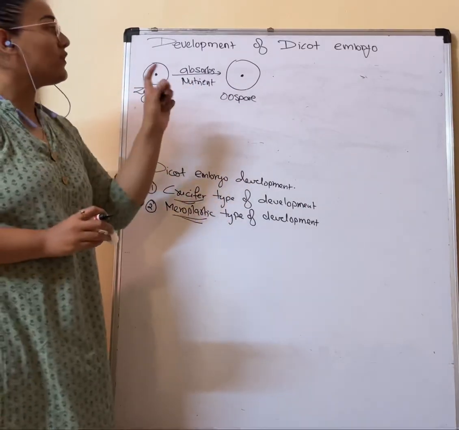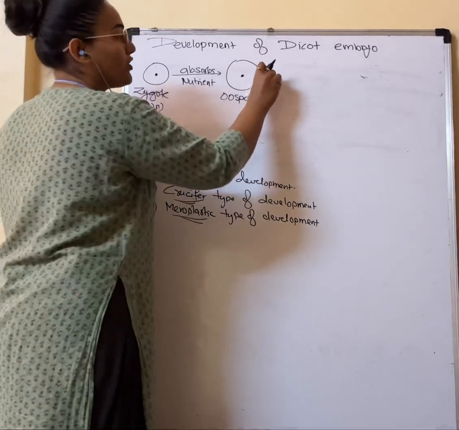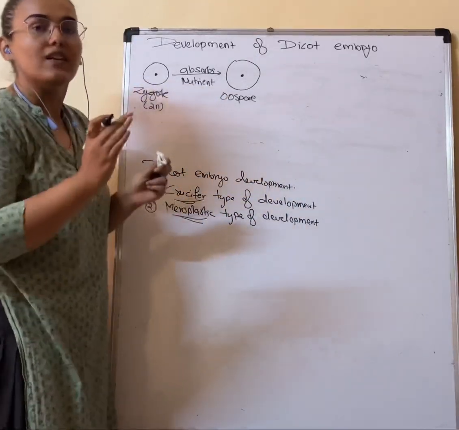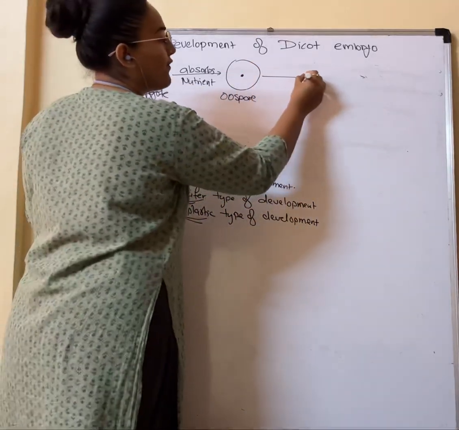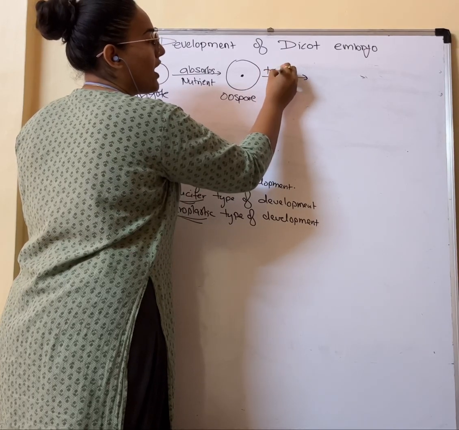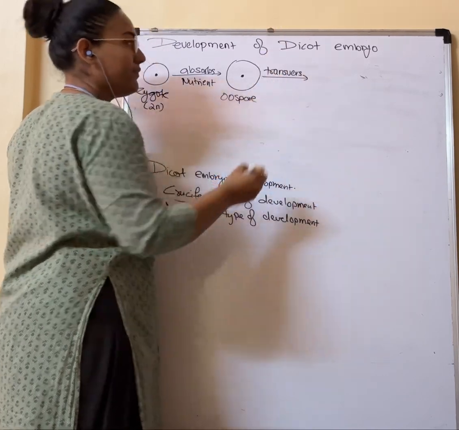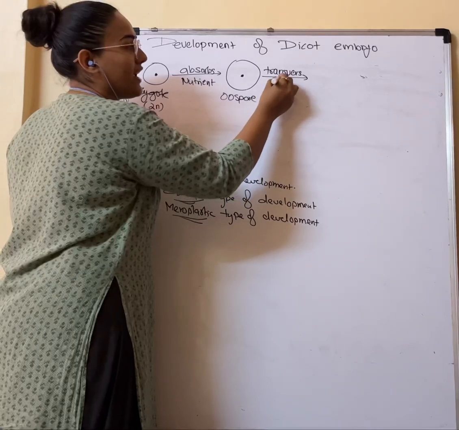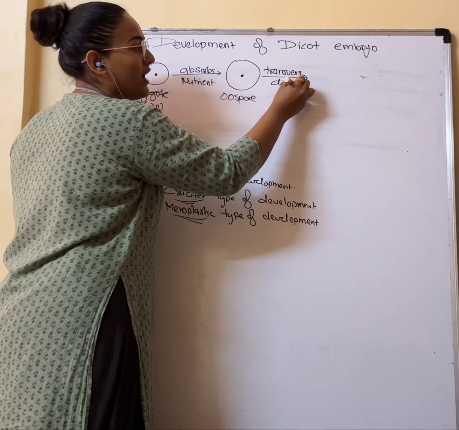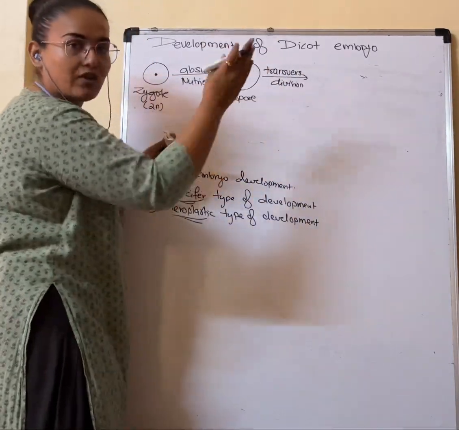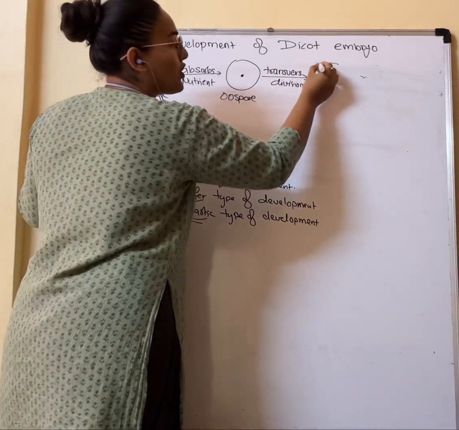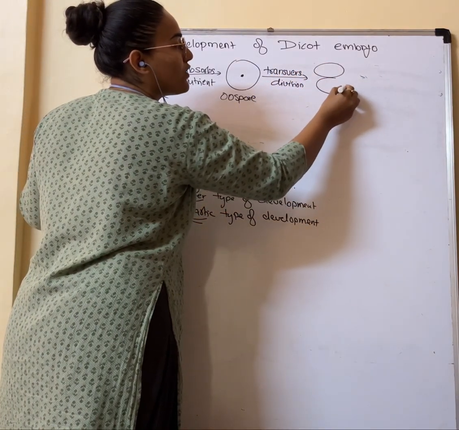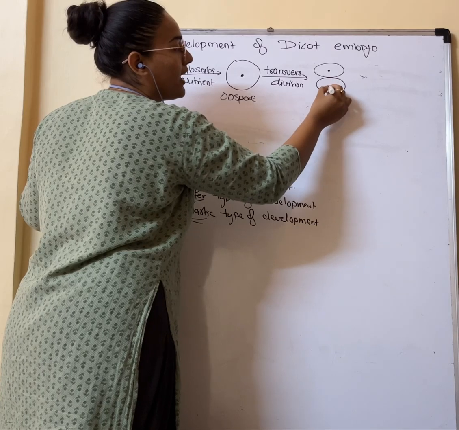Now, this oospore is going to go for the first division. The first division is a transverse division, that means one on the other. So you get two cells over here, one on the other.